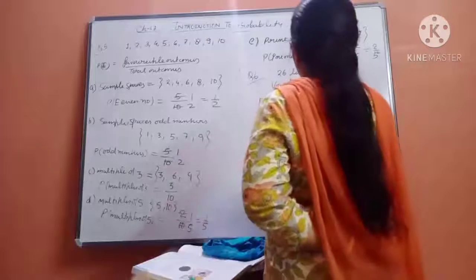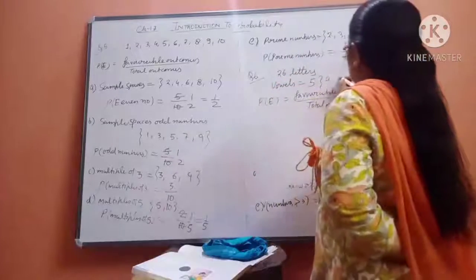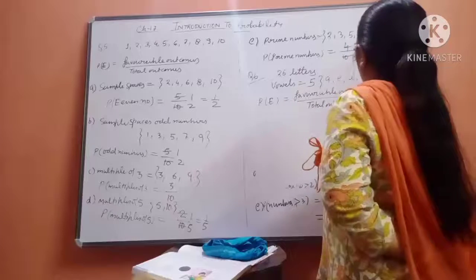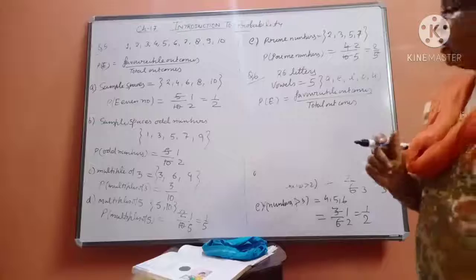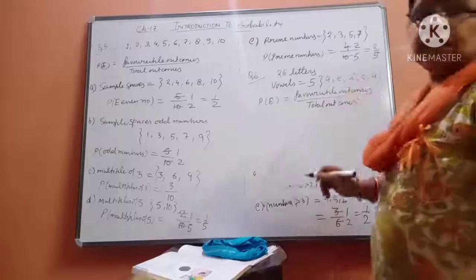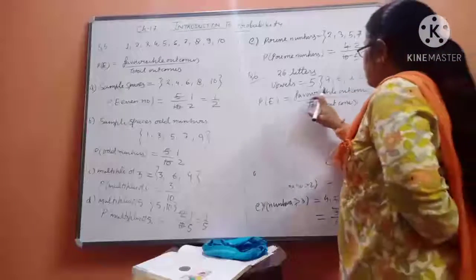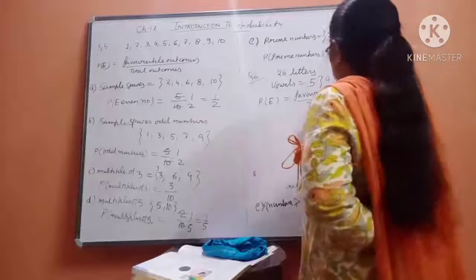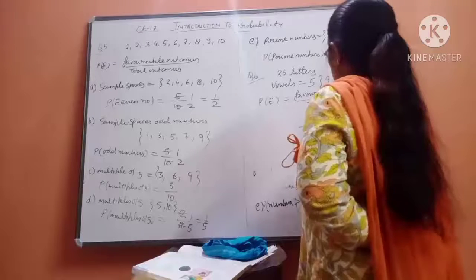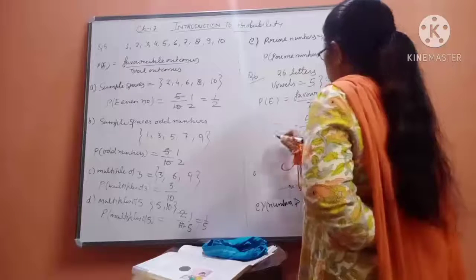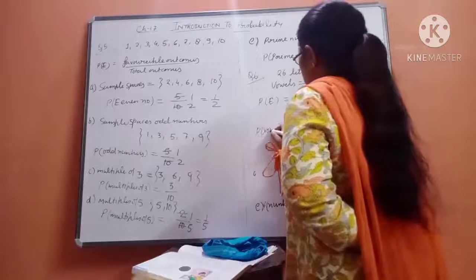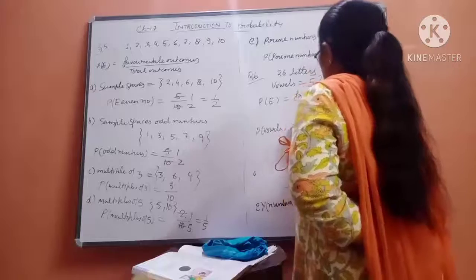Which are the vowels? 5 vowels: A, E, I, O and U. These are vowels in the English alphabet. Maybe you have learned these earlier. Now how many favorable chances are there? 5 upon total number of letters, 26. So probability of vowels is 5 upon 26.